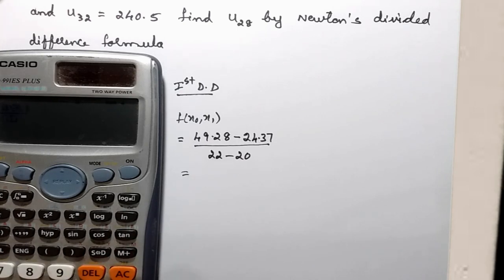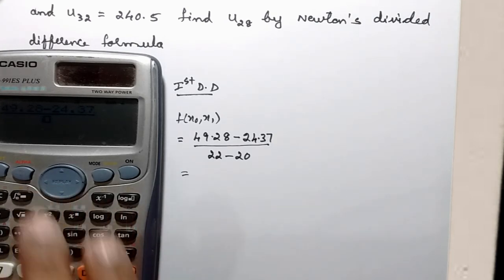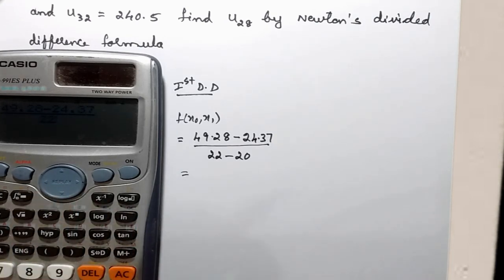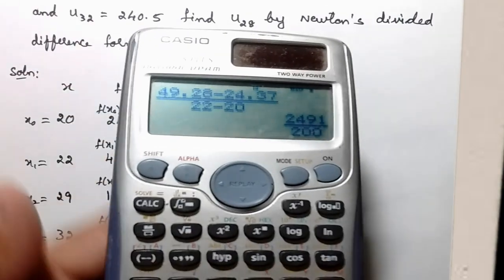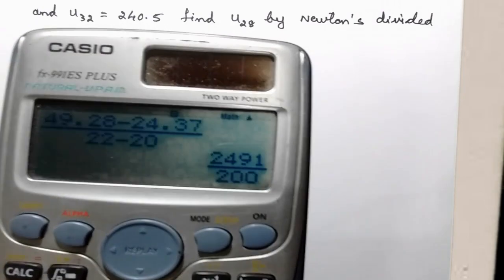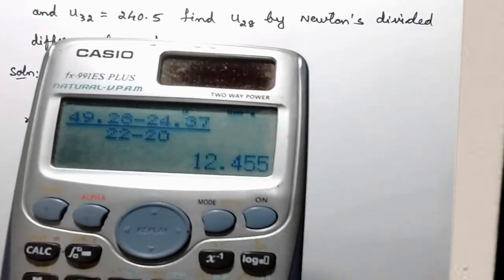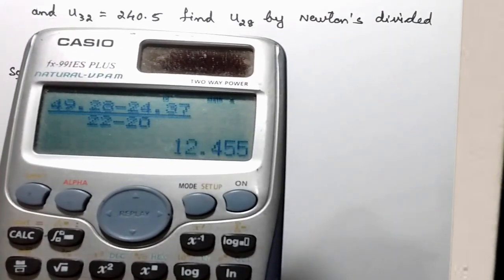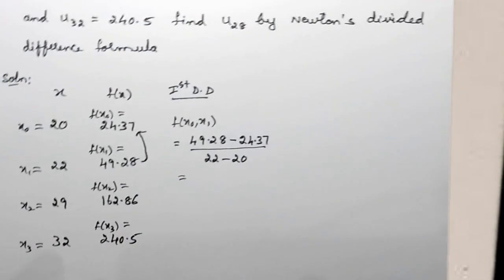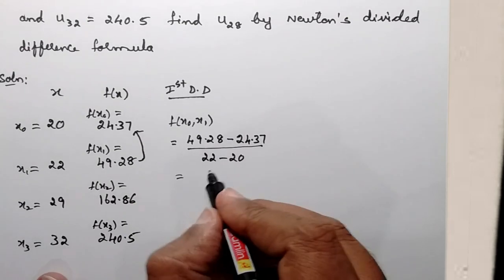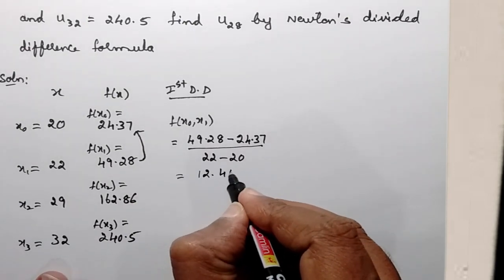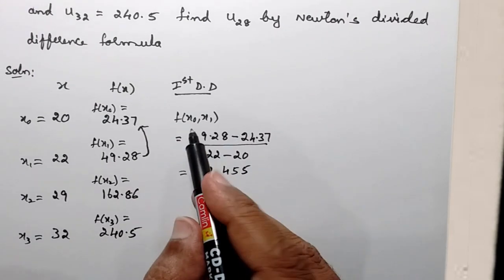It's 49.28 minus 24.37, that is divided by this 22 minus 20. You can see that I'm getting this value. You can verify your value, or if I just write in the form of the decimal, you're getting 12.455, right? So you can write down that value, 12.455. That is the first divided difference, first value.